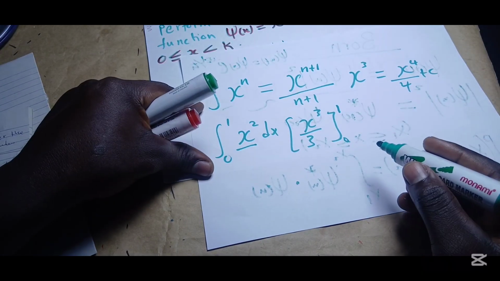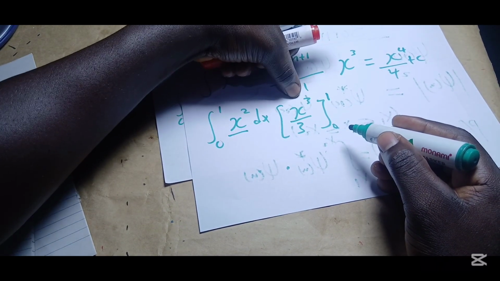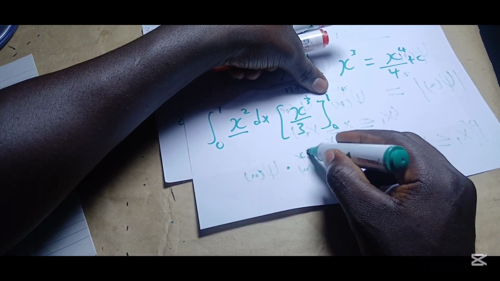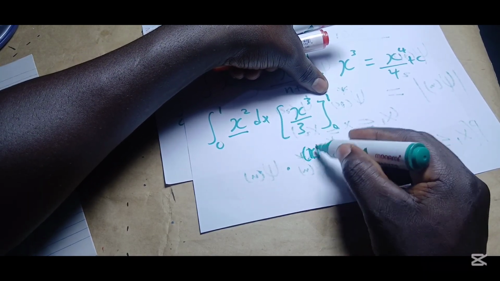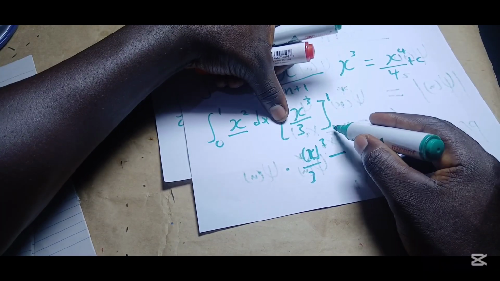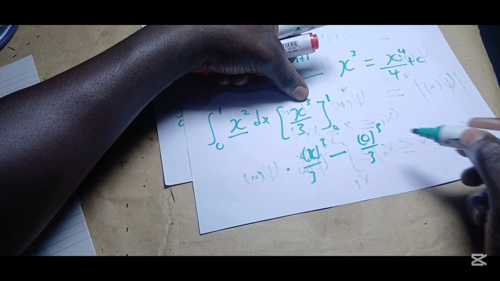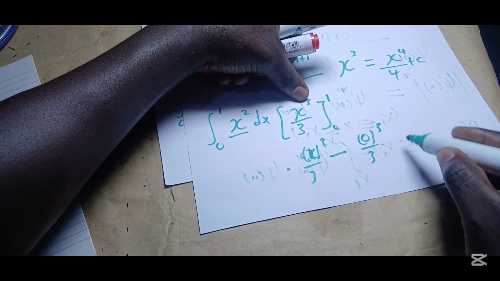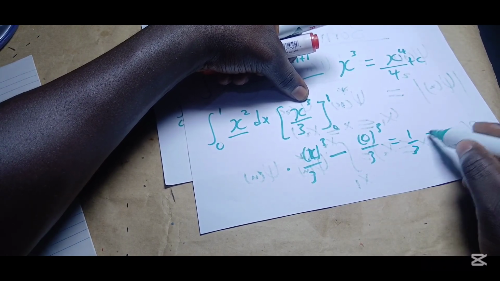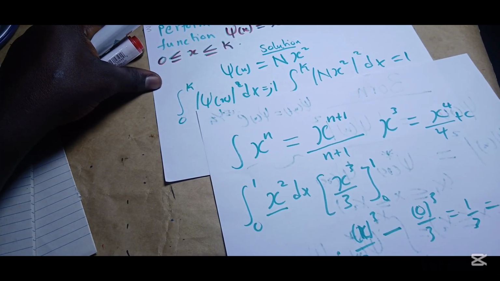Wherever I see x, I put 1 there, so 1 to the power 3 over 3, then minus, wherever I see x, I put 0, so 0 to the power 3 over 3. Simplifying this whole thing gives me 1 over 3. So that is how integration is done. Let's proceed.